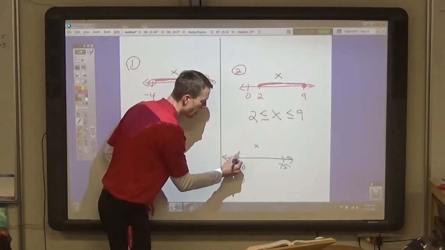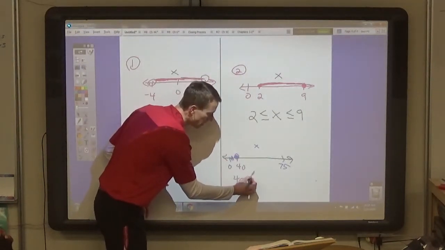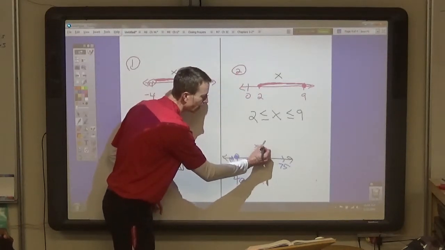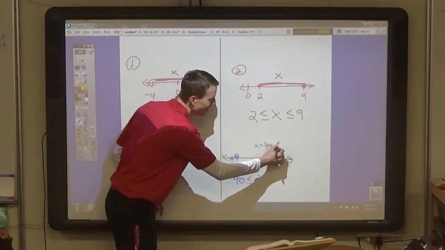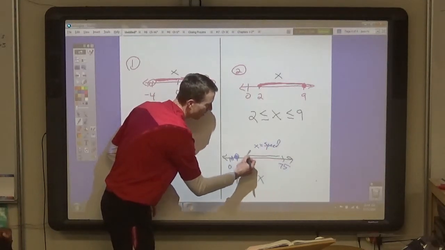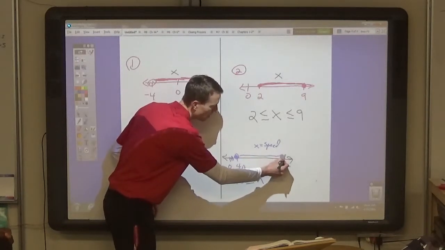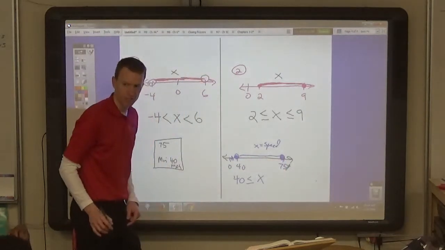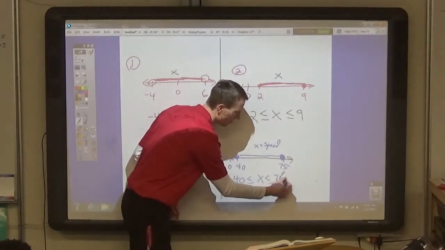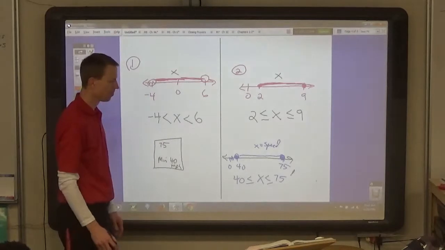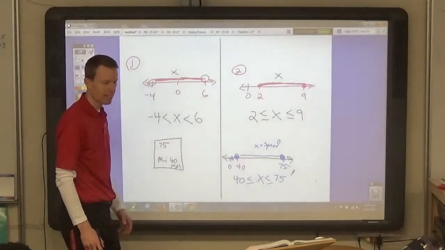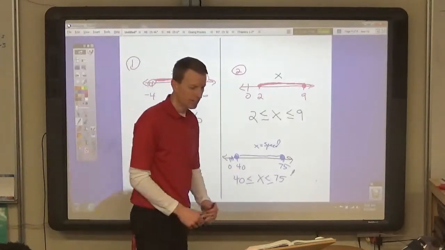Solid dot. 40 is less than or equal to x, if x equals speed, and x is less than or equal to 75. So you can drive 75.